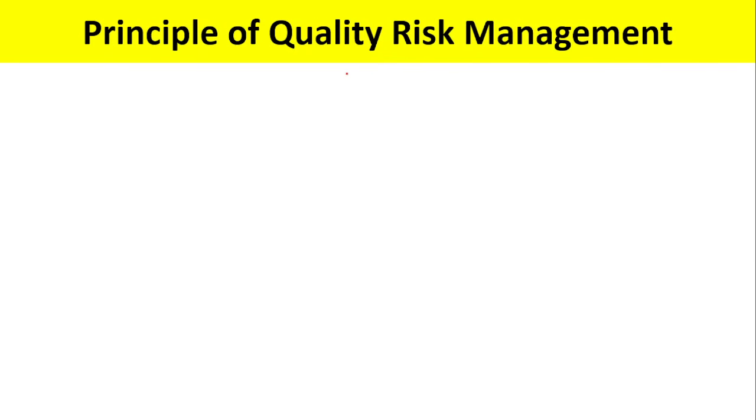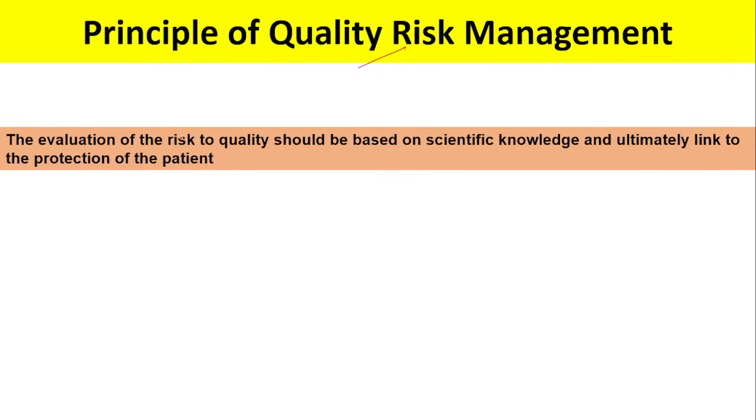So, what is the principle of quality risk management? The evaluation of the risks to quality should be based on scientific knowledge and ultimately linked to the protection of the patient.